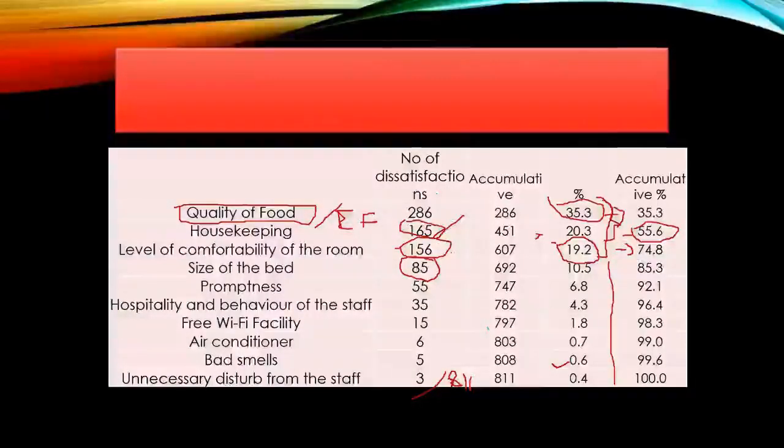Now you have done the first job. You have prepared the required table to draw the diagram, right? Now we are going to draw the diagram to recognize what are the most critical factors that influence the dissatisfaction with the hotel, right?